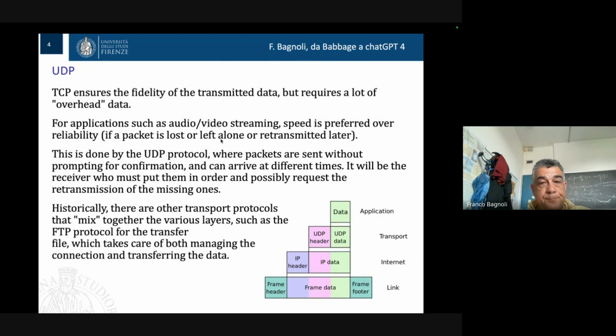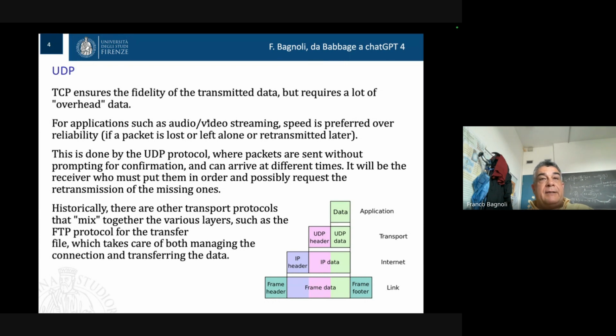And so you see here the link level is the Ethernet level. Then you have this packet for TCP, and then you have the data according to which kind of application. Then in a moment we shall see the UDP transport.